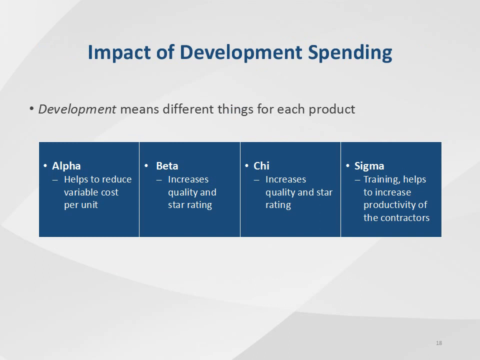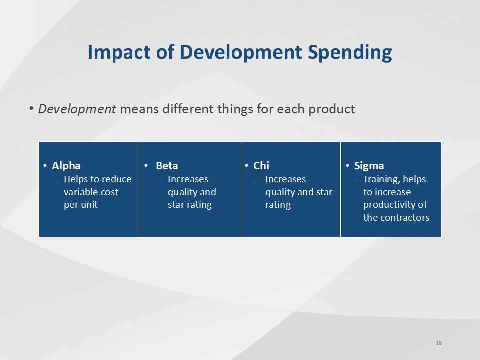Development is a bit tricky because when you spend money on development, it could mean different things depending on the product. In the case of alpha, when you spend money on development, it helps the production to be more efficient, and you can see that by the reduction in your variable cost per unit.